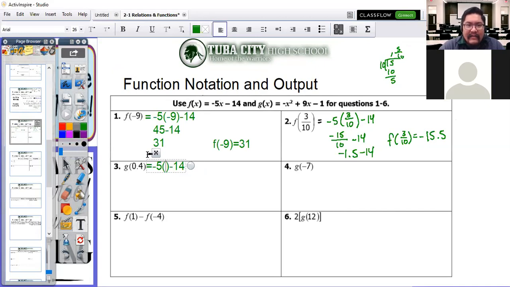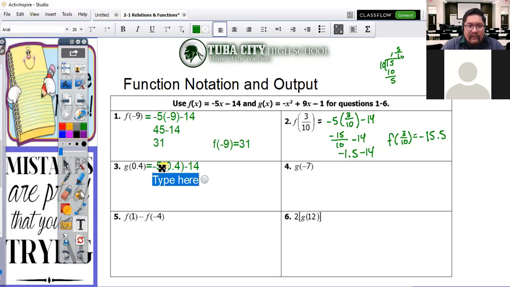We got negative 5x minus 14, but in this case, instead of x, I'm going to replace it with 0.4. So I'm going to multiply 0.4 times 5.